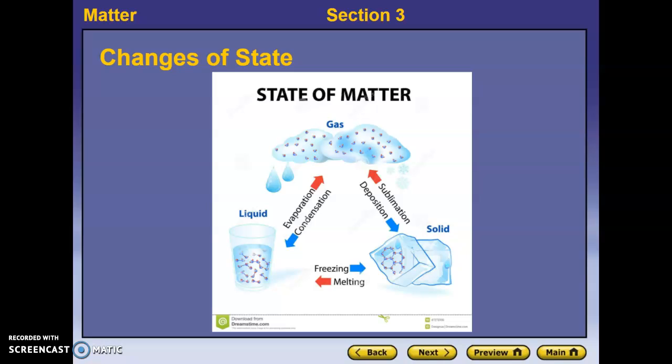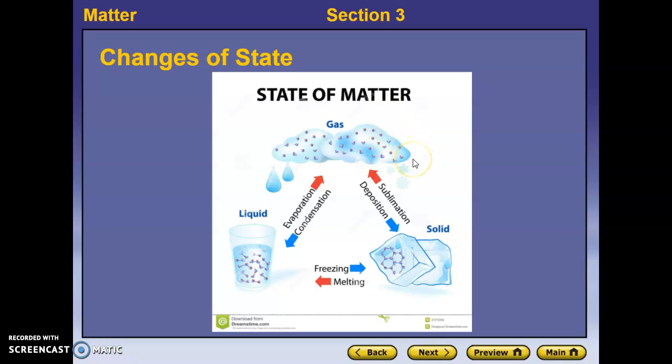This happens with ice cubes in the freezer too. If you make a tray of ice and you leave it sit for a really long time, eventually when you pull that ice tray out, you'll notice that those little compartments in the tray aren't even filled with the ice cubes anymore. The ice cubes in them are much smaller because of sublimation.